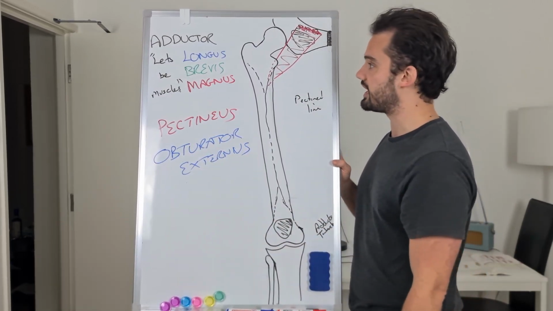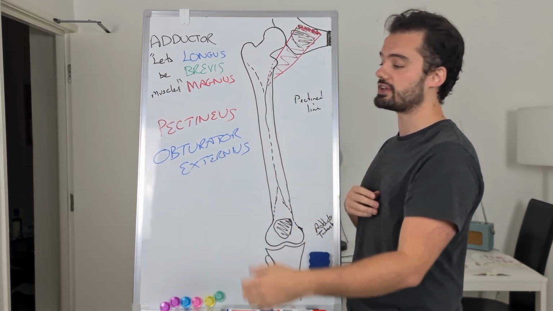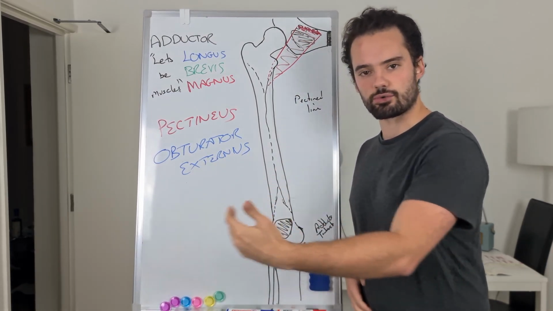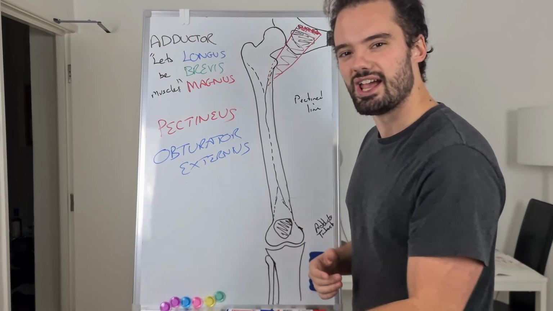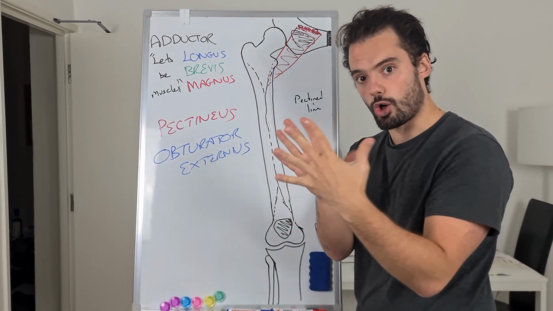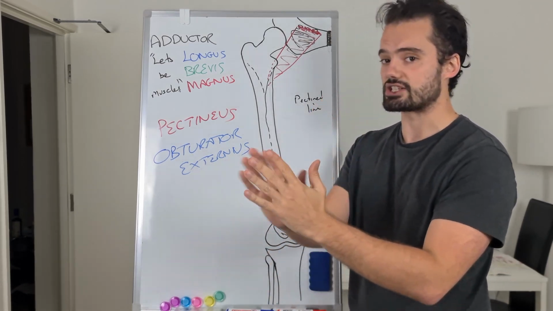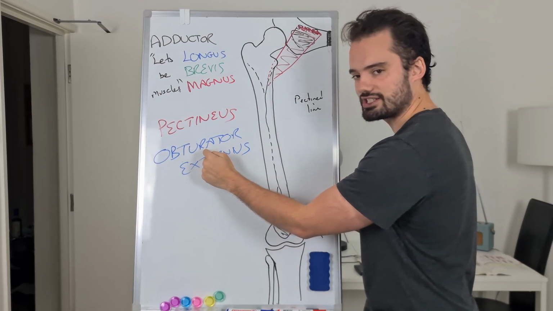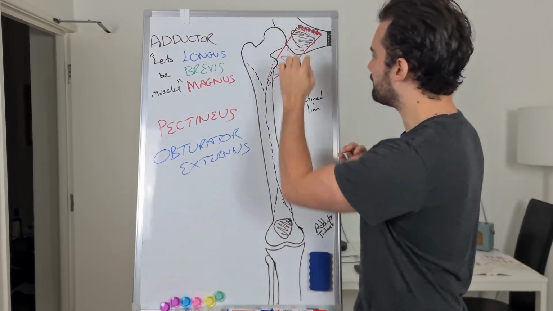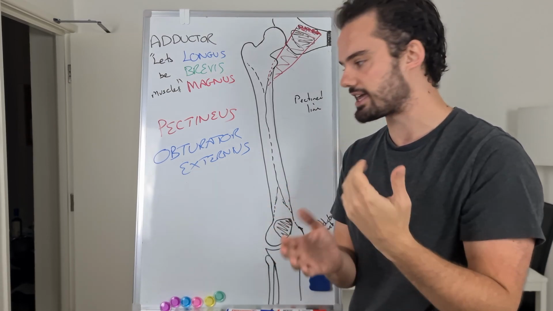Obturator, we've already come across it, is evidently referring to the obturator foramen, that hole at the front of the pelvis. Externus means outside, on the external side. Remember I said the obturator foramen is completely obstructed, it's completely blocked because it's got muscles in front of it and it's got muscles behind it. Obturator externus is the muscle that blocks the front, the outside of the obturator foramen. So that's how you remember it, okay?